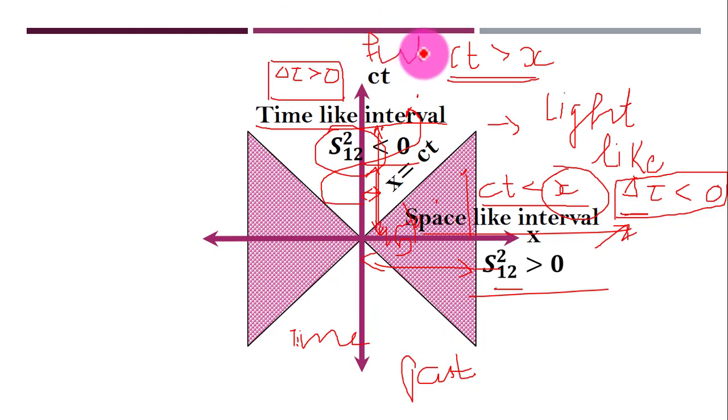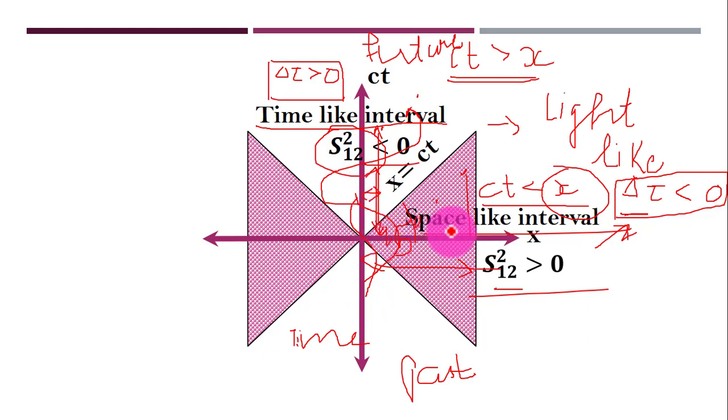So if any event is to go from past to future, it will have to go through the origin only. It cannot happen that an event occurring here moves from here to here. That means it will not move from the space-like interval to the time-like interval. It will always go like this.